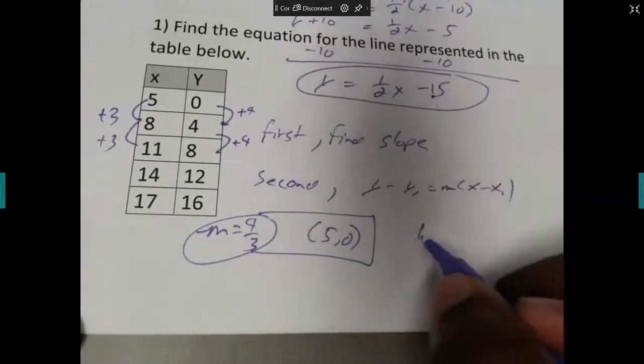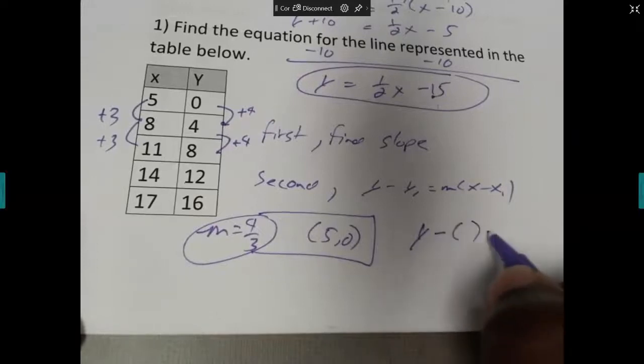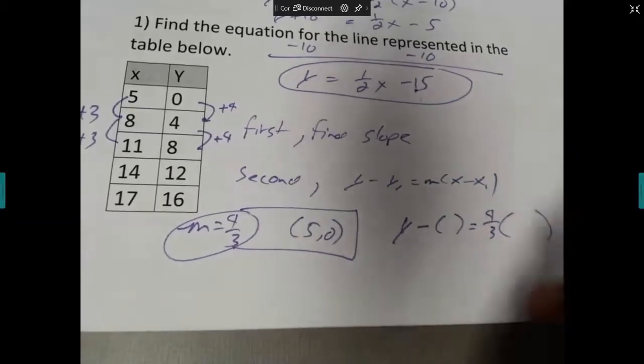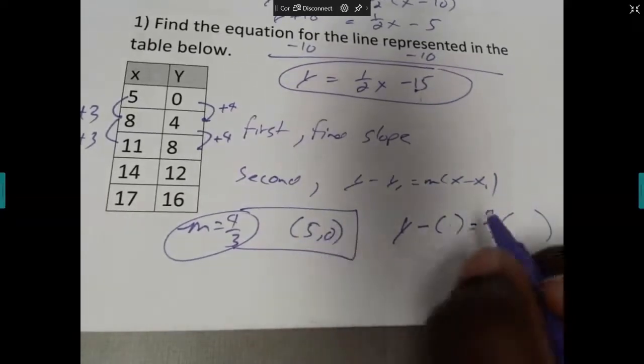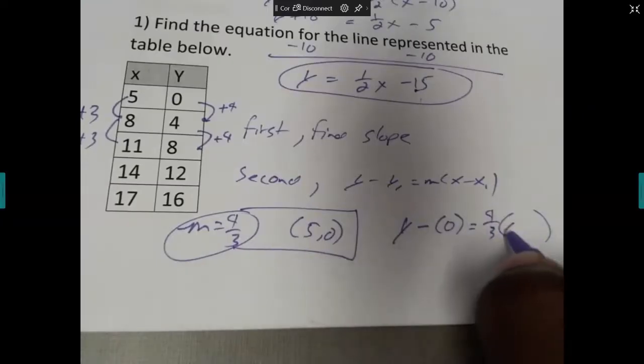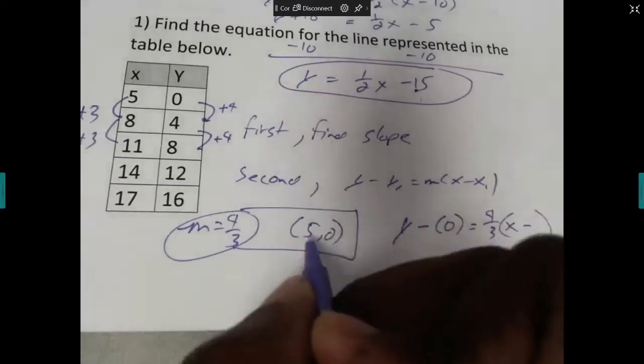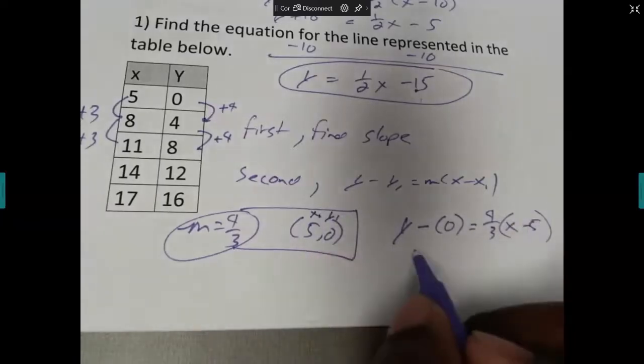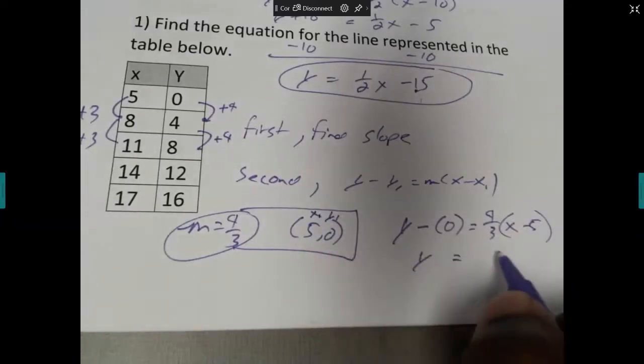So from there, I'm going to write y subtract some number equals my slope, which is 4 over 3, times that parentheses there. In this case, y1 is 0. It's going to be x subtract x1, which is 5. So y subtract 0 just gives you y.